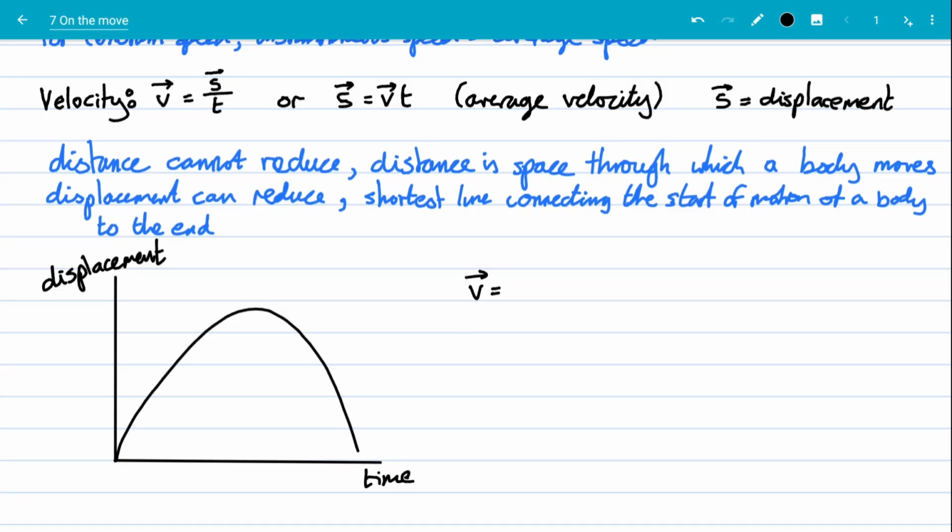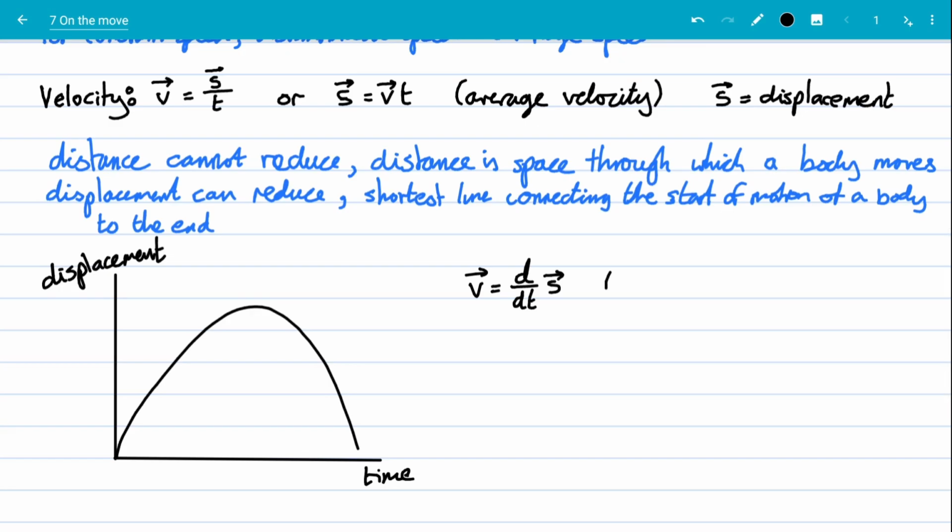So that is going to be ds by dt, that's how I would like to write it. And because it's constantly changing, we can't use deltas, but we can draw tangents to calculate this.